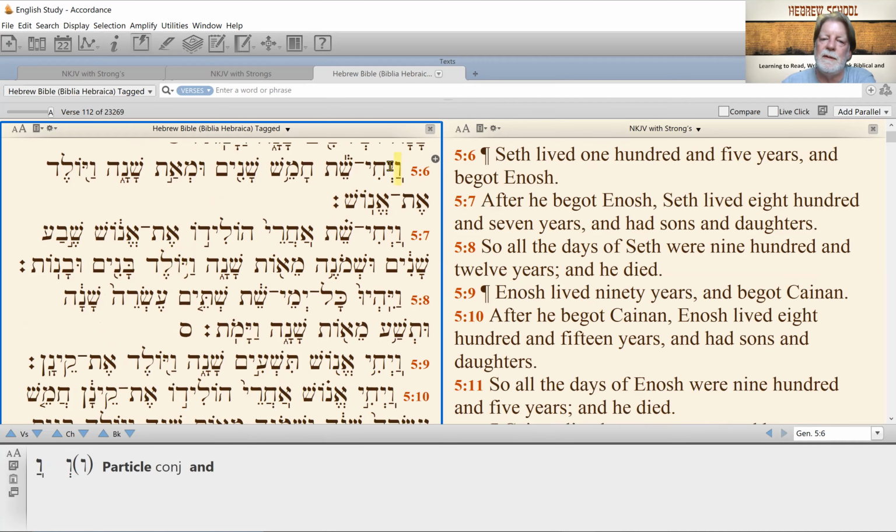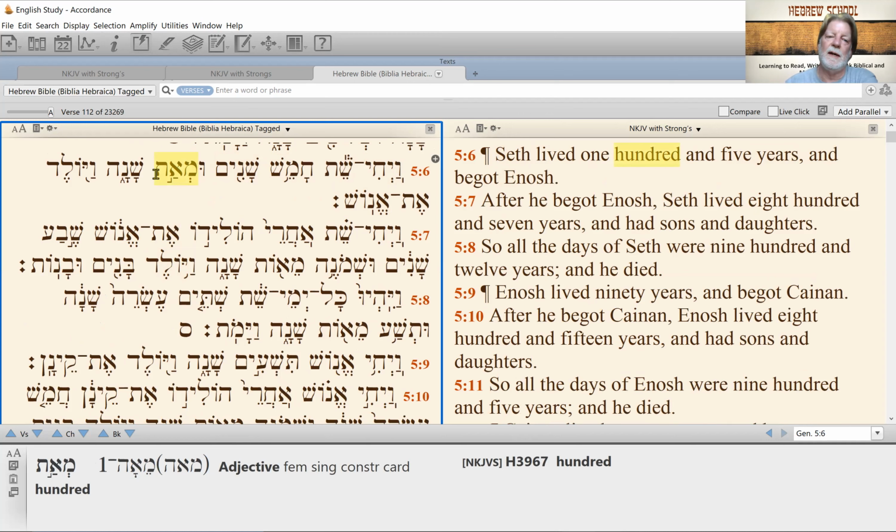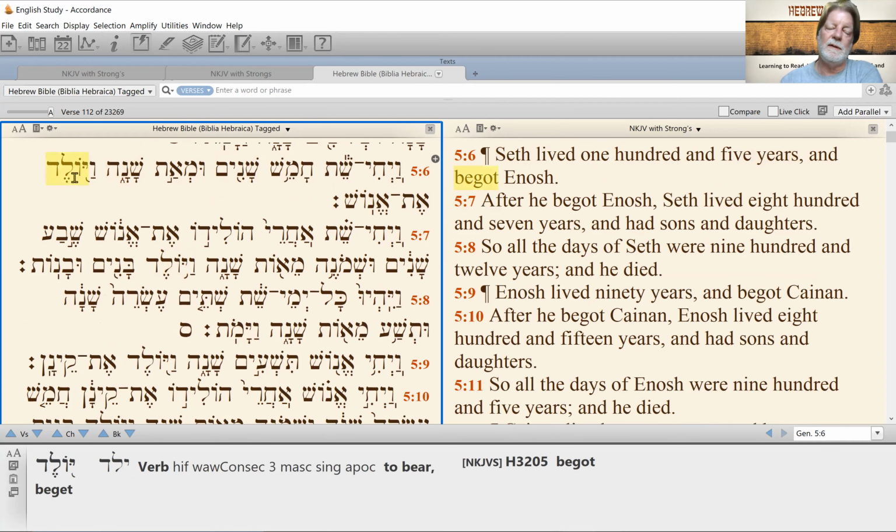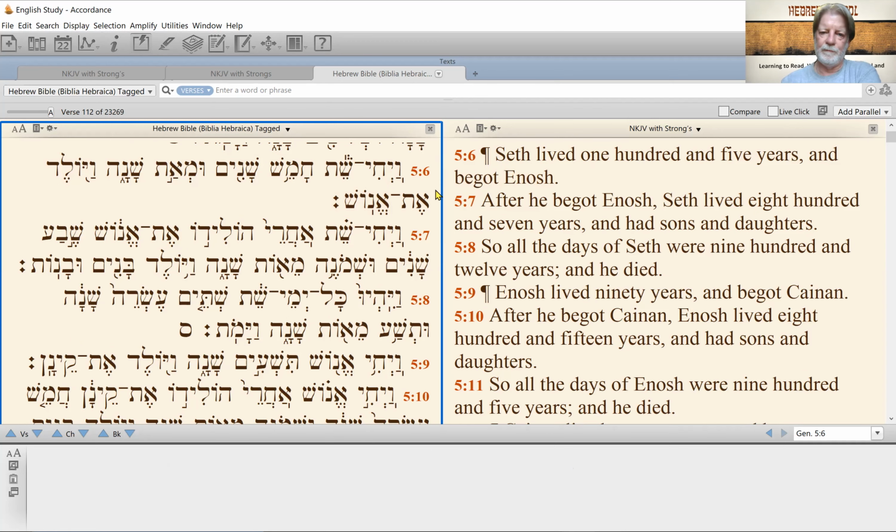Vayachi, and he lived, Shet, Seth lived, Chamesh, 5, Shanim, 5 years, and Ma'at, 100 Shana years. So Seth lived 105 years, Va Yoled, and caused to be born at direct object indicator Enosh.